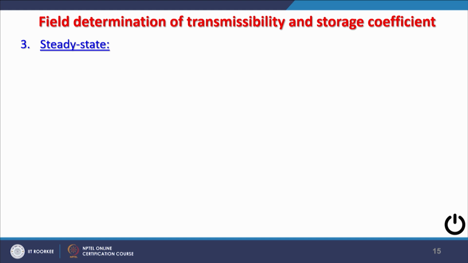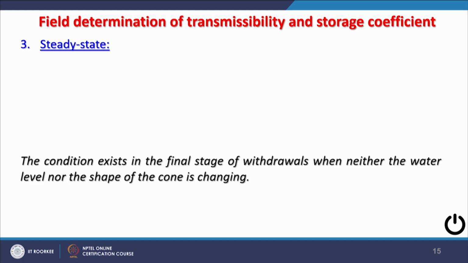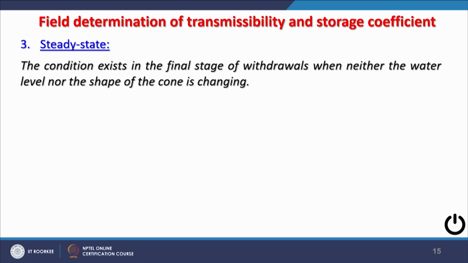Now we are coming to the third stage, which is completely steady state, and this condition exists in the final stage of withdrawal. Final stage means a longer time, when the water is being withdrawn continuously for many days together.